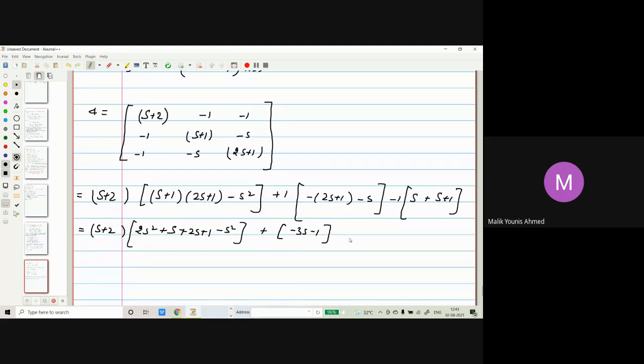Here we have 2s minus 1. Simply the sign we have to multiply. So this can be further written as s plus 2 into s square plus 3s plus 1. So this will be minus 5s minus 2.